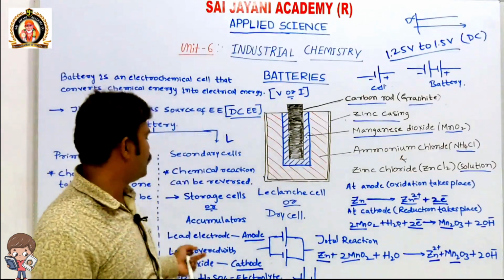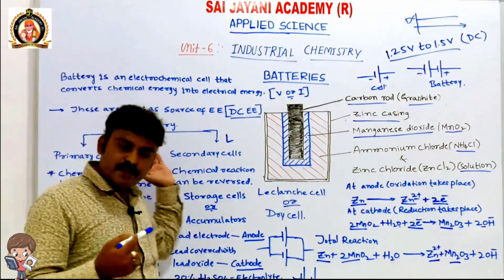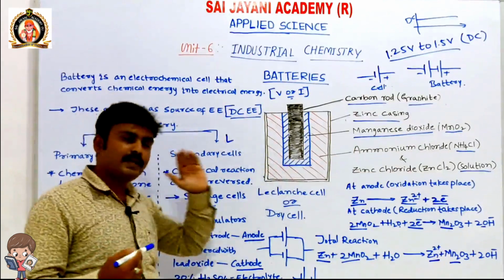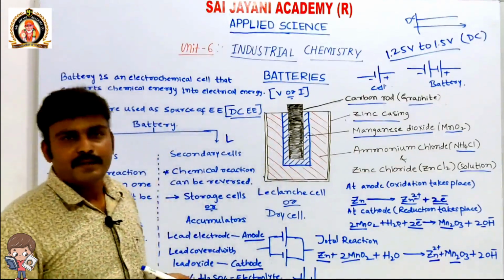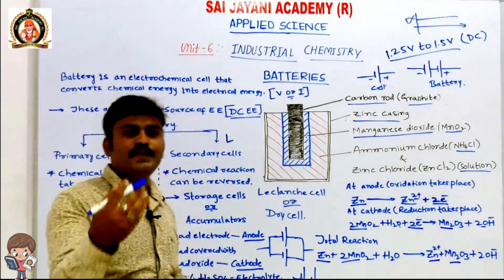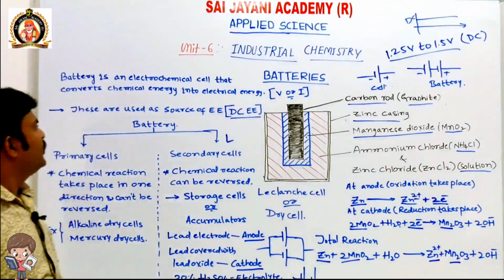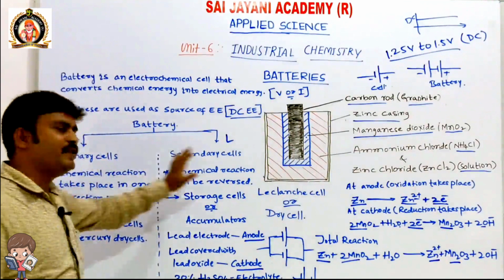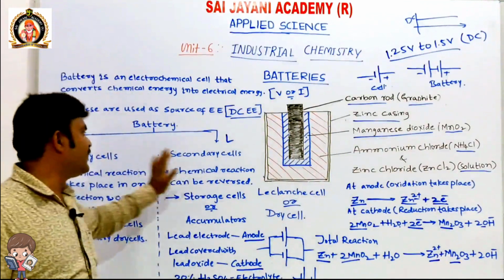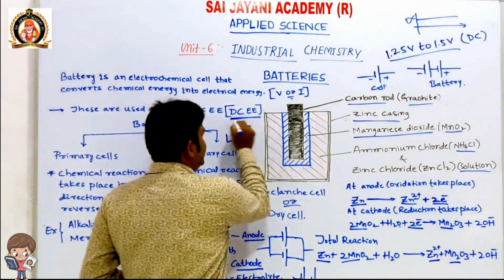Lead acid batteries and lithium ion batteries are all secondary cells, right? So this is about the batteries. Both primary cells and secondary cells produce DC electrical energy.